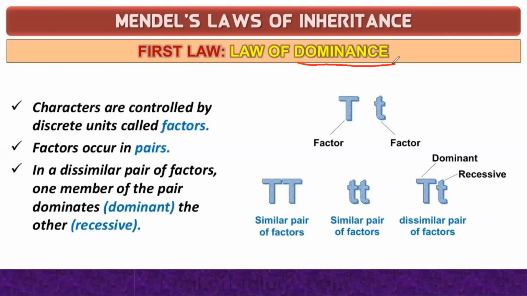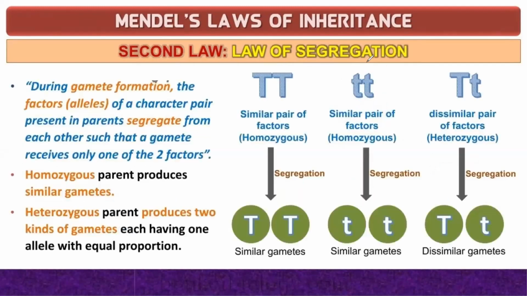Characters are controlled by discrete units, which are known as factors. Factors are always present in pairs. In a dissimilar pair of factors, one member of the pair is dominant and the other is recessive. We have already learned about why they are dominant and why they are recessive in nature.